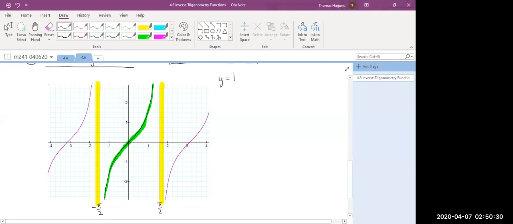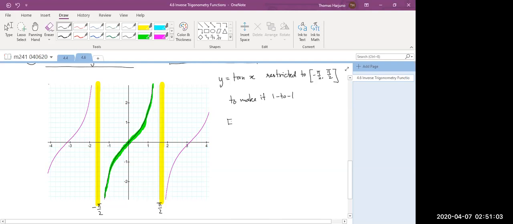Y equals tangent x restricted to negative pi over 2 to pi over 2, to make it one-to-one. That way, then we can talk about tangent inverse.